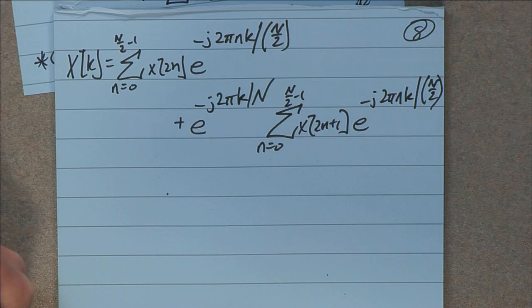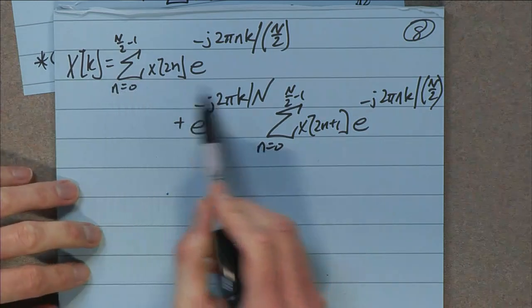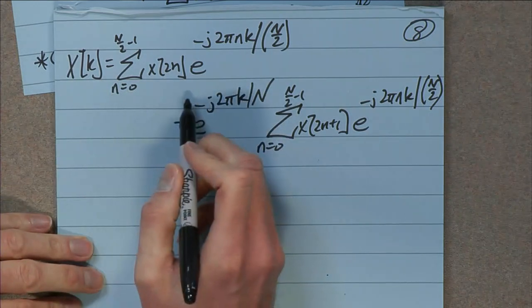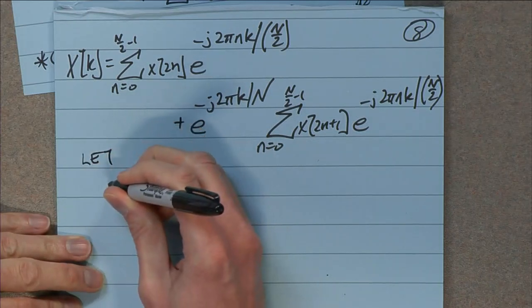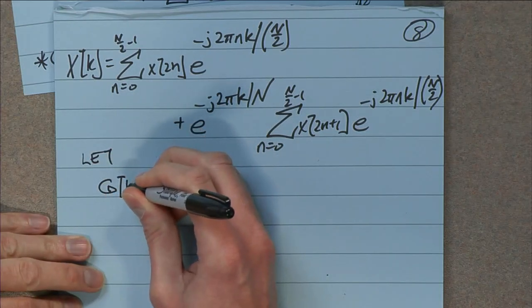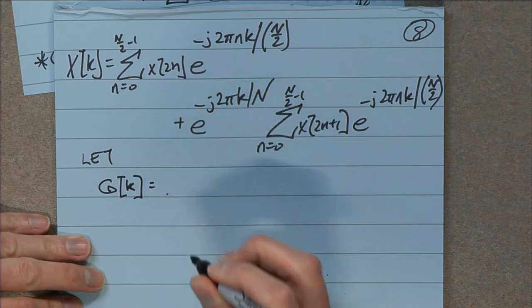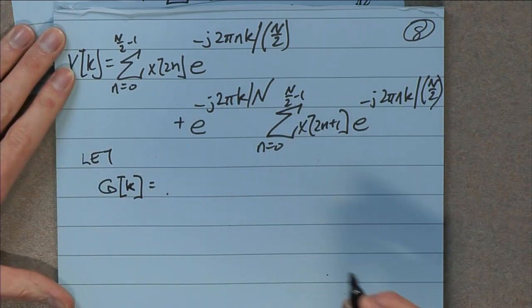So what we want to do is give these names. The even part is what we'll call G of k. And it's the DFT of the even samples.